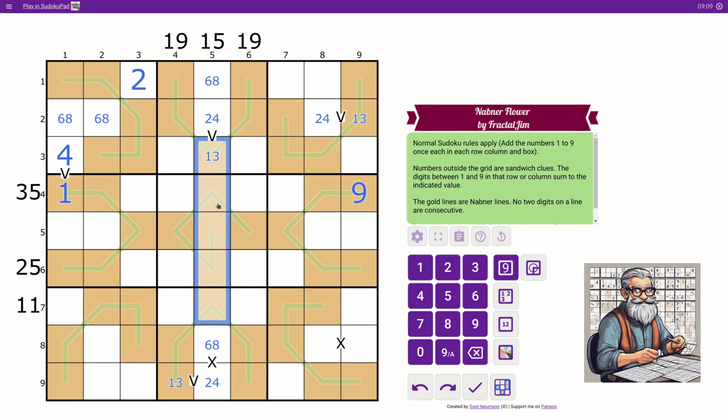Does that make sense? Because it's all odd here. But it's 15, so it can't be 1 because we can't use 15. Maximum is 9, and it can't be 2 because 15 can't be the sum of two odd numbers, because the sum of two odd numbers is even.